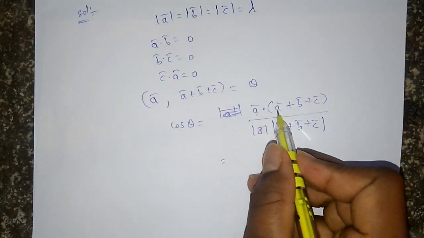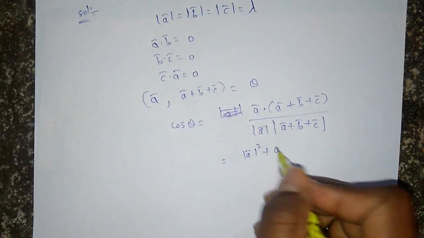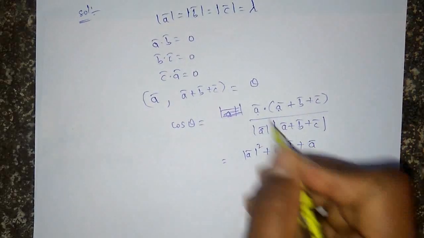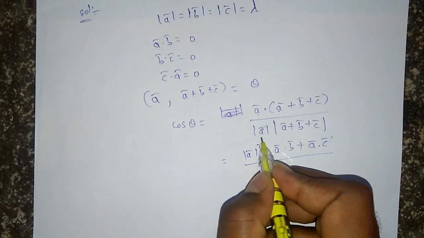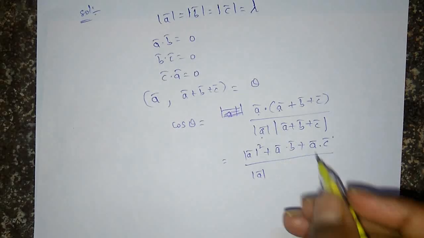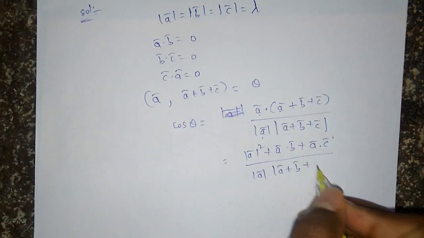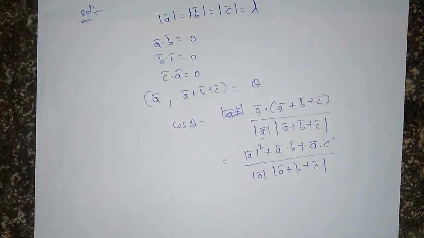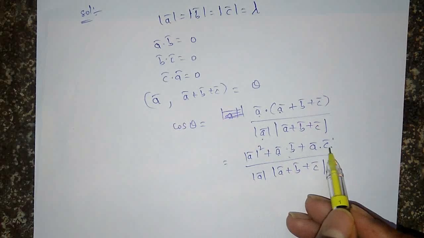So that is equal to, here a·a is |a|², this is a·b, this is a·c. Now we need |a + b + c|. Here a·b is 0, a·c is 0.